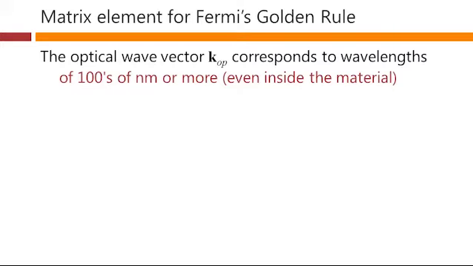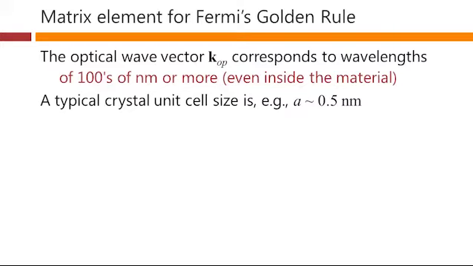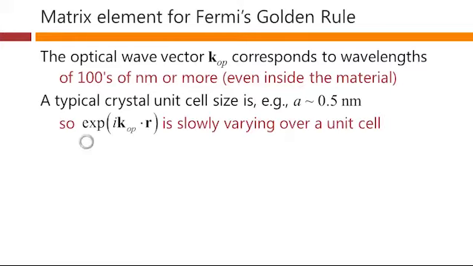Now, the optical wave vector corresponds to wavelengths that are typically hundreds of nanometers or more, even inside the material and allowing for large material refractive indices. A typical crystal unit cell size is more on the scale of half a nanometer. So this optical wave is also varying very slowly over a unit cell.